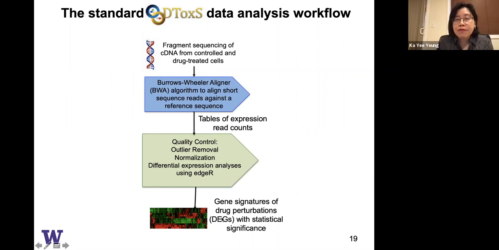And then they perform more quality control, removing outliers, and do some data normalization. And the differential expression step is performed using a Bioconductor package called HR. And then at the end of the day, we would get a list of differentially expressed genes that show different patterns of activities between the control and the drug perturbations.